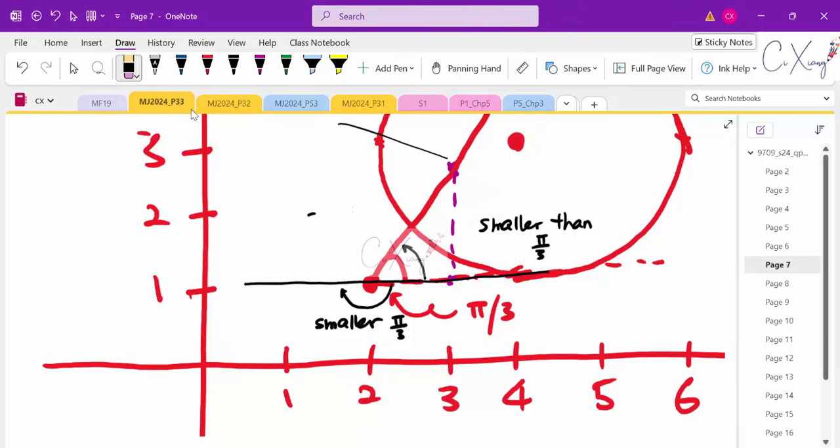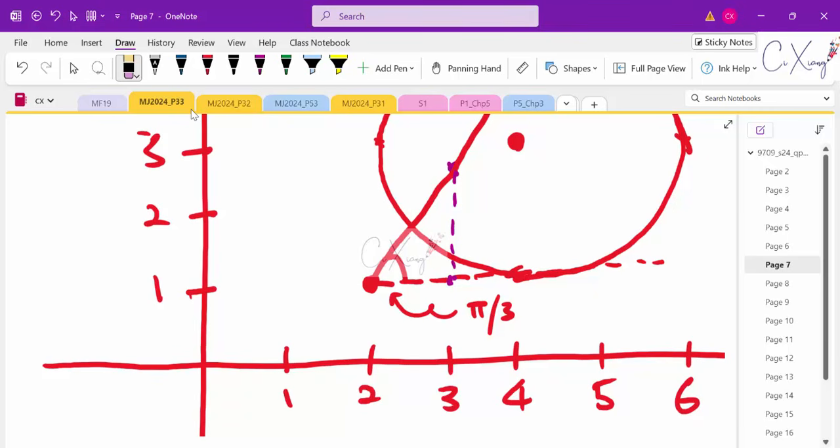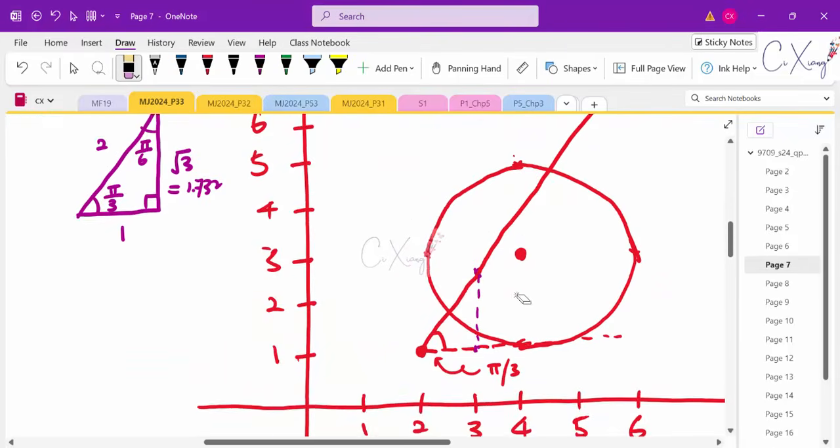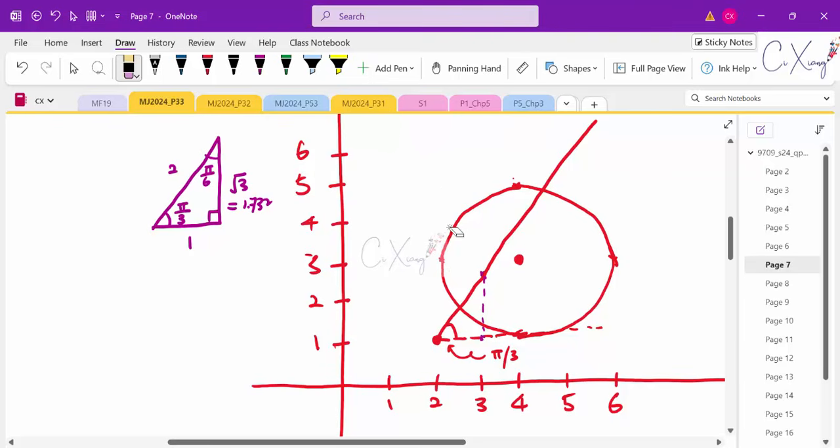Okay, so now let me erase everything first. Okay, so I know that I have to shade the area on this part of the line, and just now consider back the first circle. I need to shade everything inside the circle. So the overlapping part for these two inequalities will be this one.